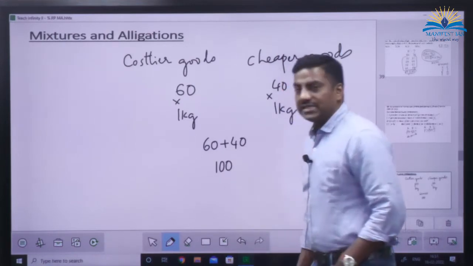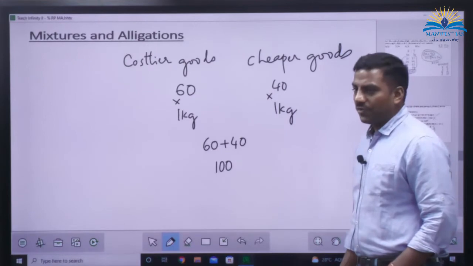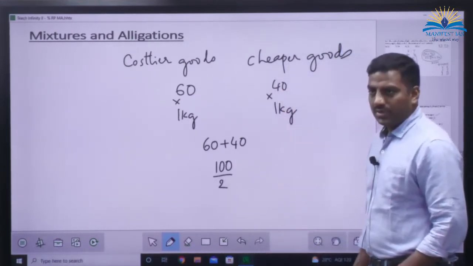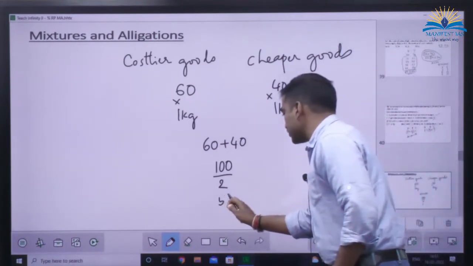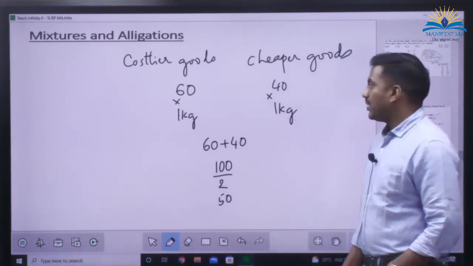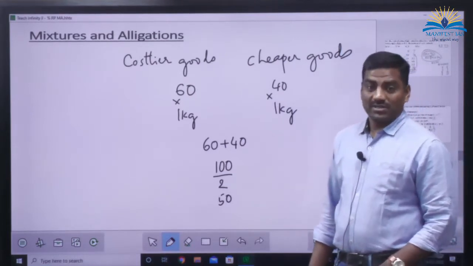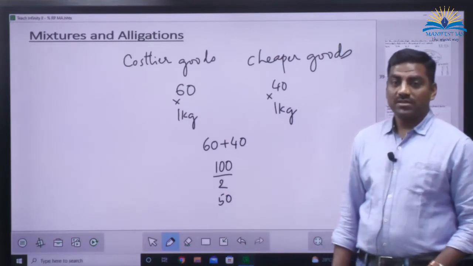But how many kgs he is giving? 2 kgs. So this 100 rupees for 2 kgs. So each kg costs him how much? 50 per kg. Actually, how much he will get from the customer?